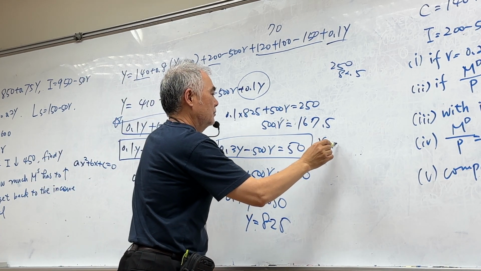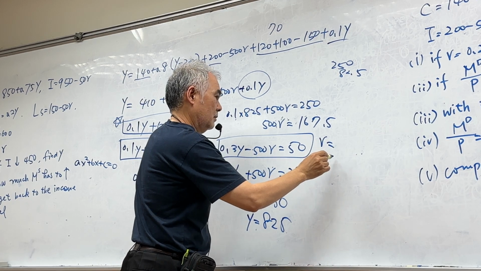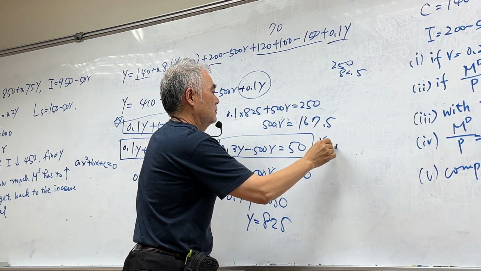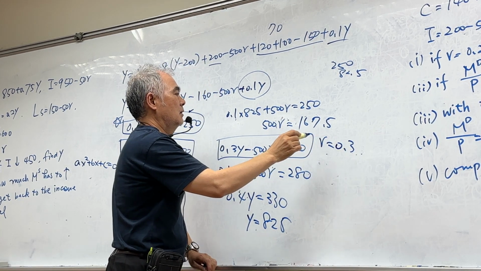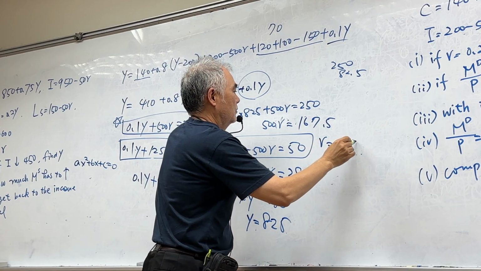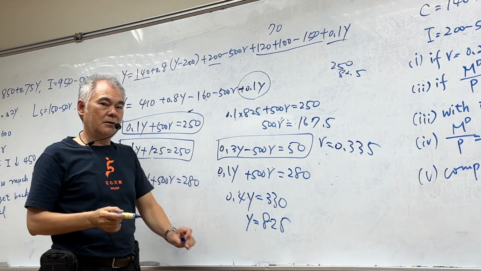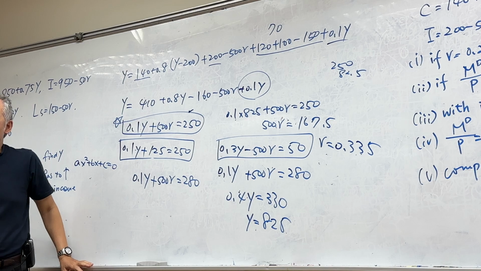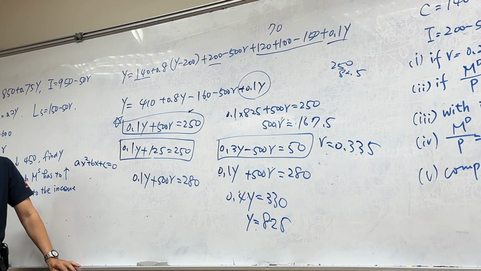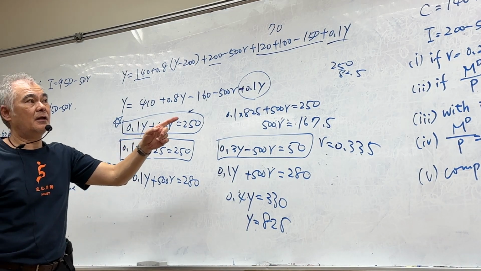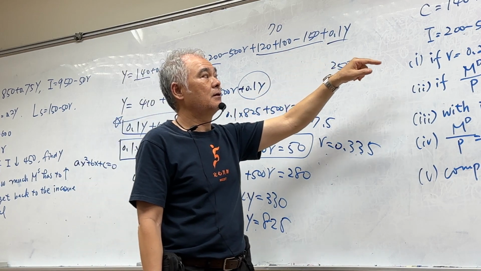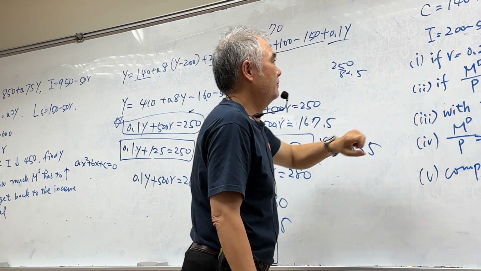So R is equal to 0.395. Questions? You plug it back here to figure out R, and then investment.